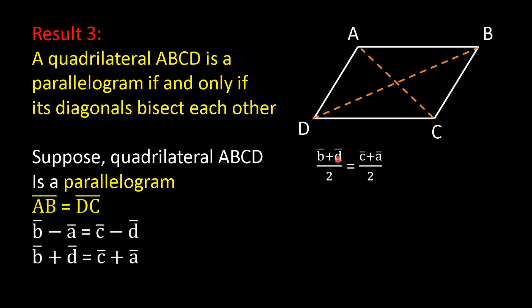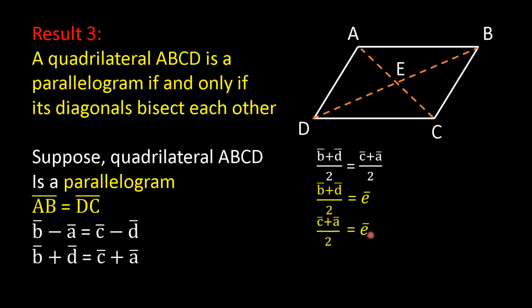But (B bar plus D bar) by 2 is nothing but the position vector of the midpoint of the diagonal BD, which is point E, and its position vector is E bar. Similarly, (C bar plus A bar) by 2 is the position vector of the midpoint of the diagonal AC, which is E, and its position vector will also be E bar.